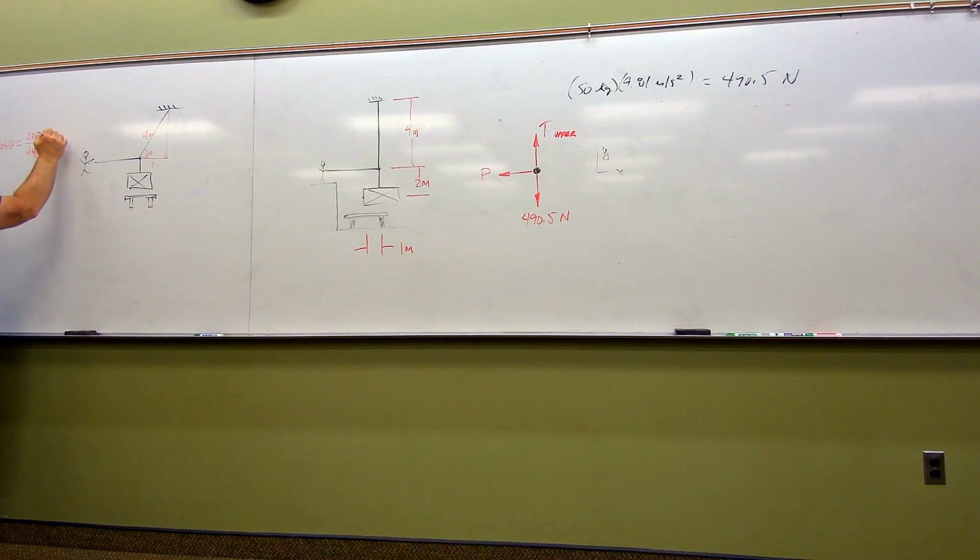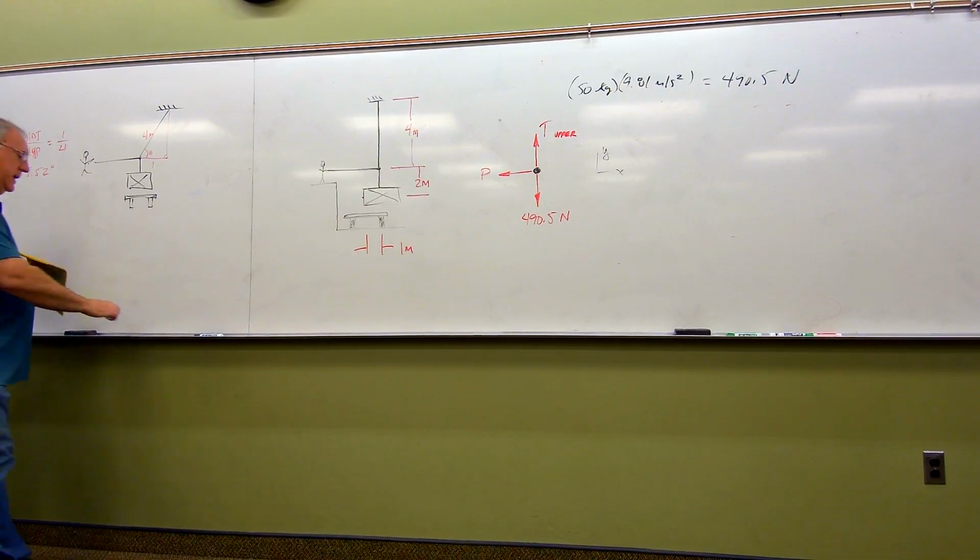Adjacent's 1, hypotenuse is 4, so theta is inverse cosine of 0.25, which is 75.52 degrees. Okay, so now we got that.